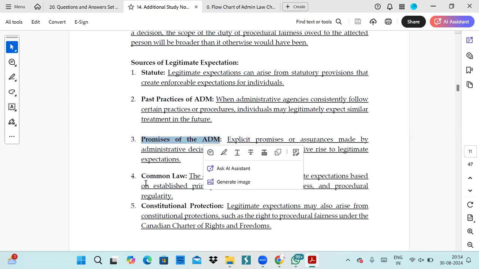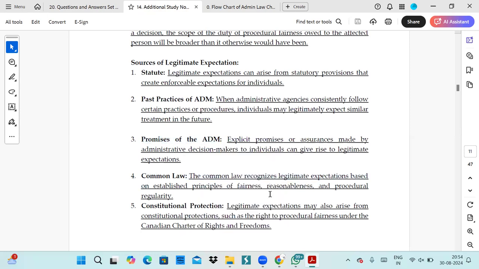Then promises, common law. Common law is, of course, if it is talking about some case scenario based on the reasonableness and procedural regularity.